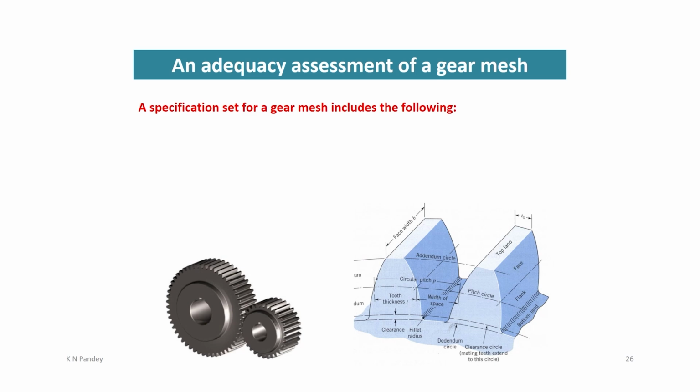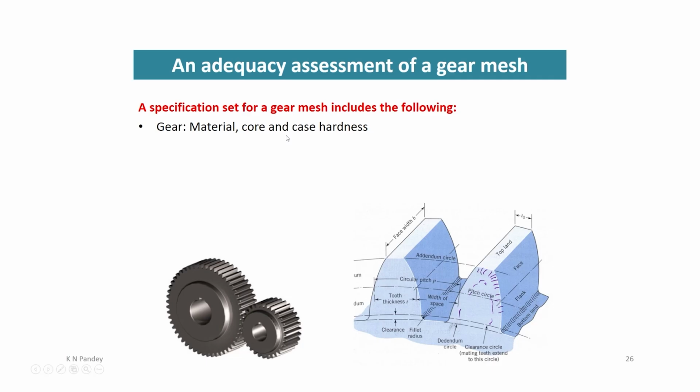That is, a specification set for a gear mesh includes the following: for the gear, what will be the material, what will be its core, core means inside the gear tooth, what is its hardness, and along the surface which will resist the surface stresses, what is the hardness.